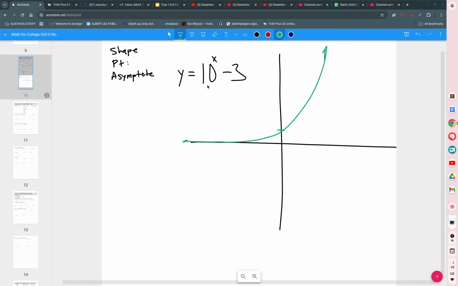All right, so if you subtract 3, that's going to move the asymptote down 3 units. So the asymptote should sit down at -3. This point right here of 0, 1, that should move down to 0, -2.